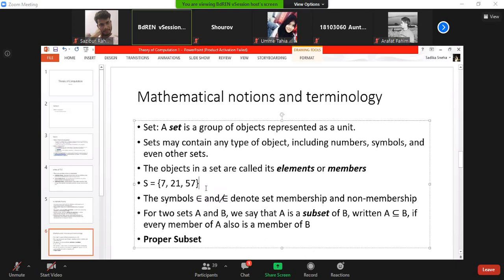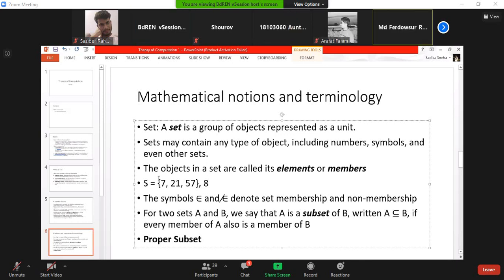Okay. So if I say there is a number 8, is it a member of this set? No, ma'am. For that we are going to use this symbol.